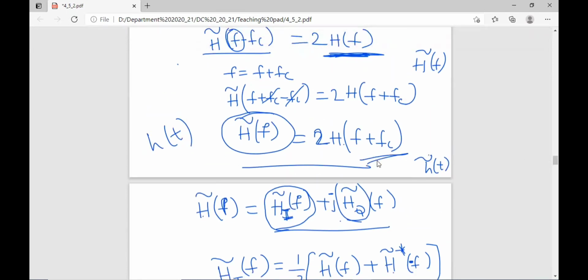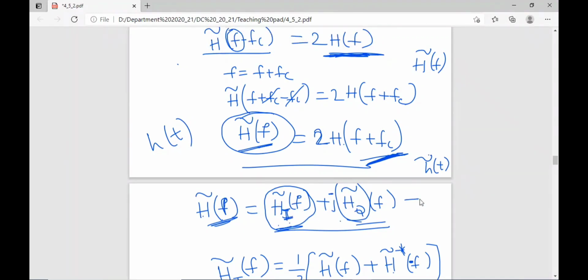From this statement we understood that we are able to get the complex envelope of the bandpass system. It means that we are able to convert the bandpass system response to the low pass representation. Since we are able to get H tilde of f, we can write that complex envelope in terms of the in phase component, H I tilde of f, and the quadrature component, H Q tilde of f.